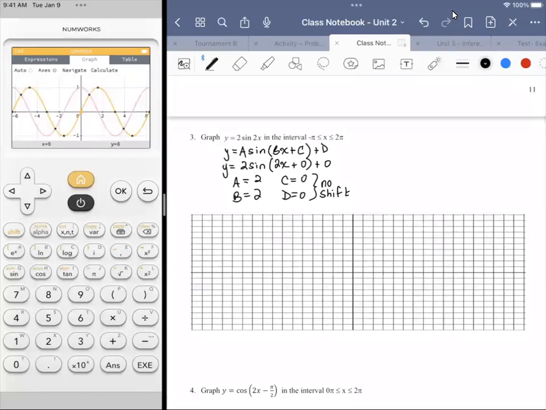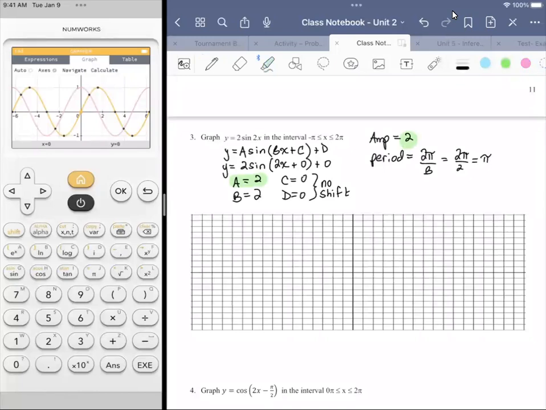All right. The amplitude is going to be 2. That corresponds to whatever the a value is. The period, which we compute by taking 2 pi and dividing it by b, that's going to be 2 pi over 2, which is just pi.